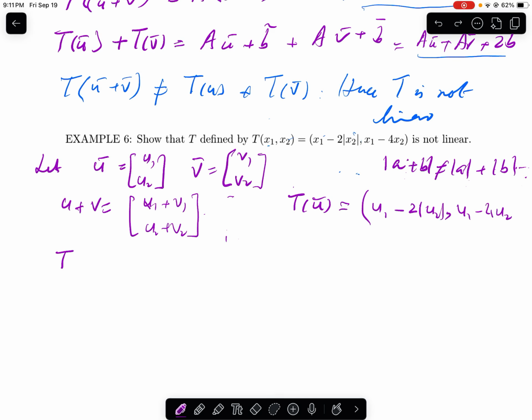And T of v will be v1 minus 2 absolute value of v2, comma, v1 minus 4v2.